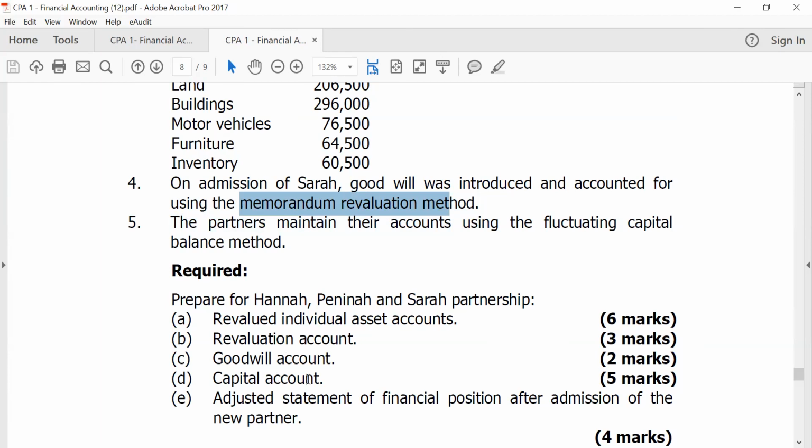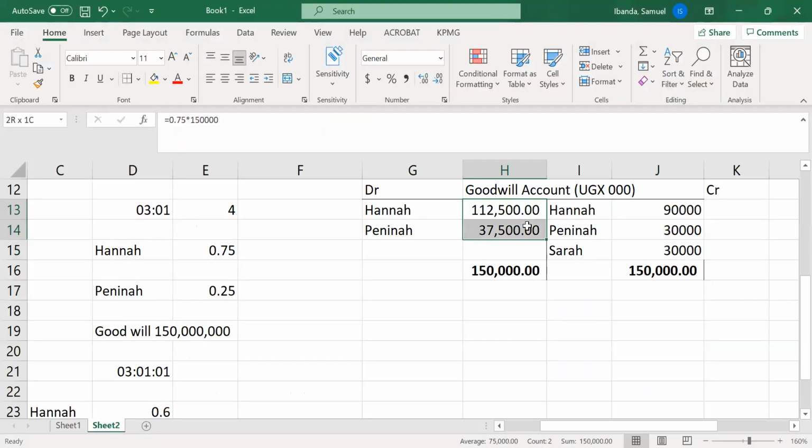So that is why we have drawn up our accounts like so, like our goodwill account. We've had how they would share here and then written off the other side. So that is how you take it. Also, like I said, goodwill is an intangible asset.